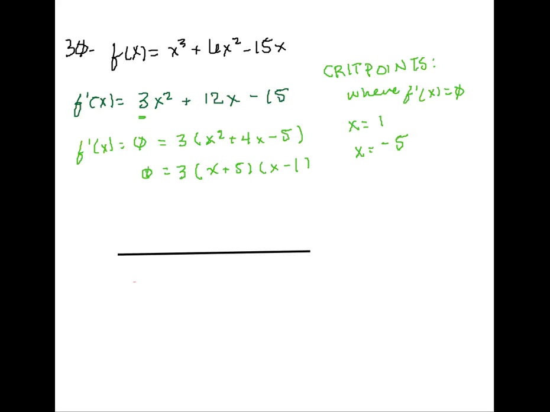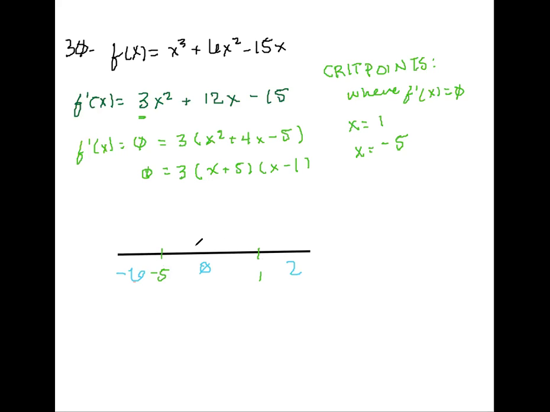I'm going to say, here are my critical points. I have one at -5 and then one at 1. And then I'm going to pick numbers that are easy to evaluate. I think it would be easy to evaluate at 0. What would be an easy number to evaluate that's under -5? -6. And I'll call that 2.